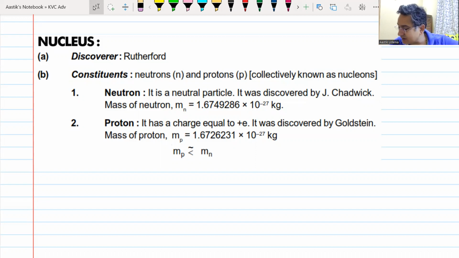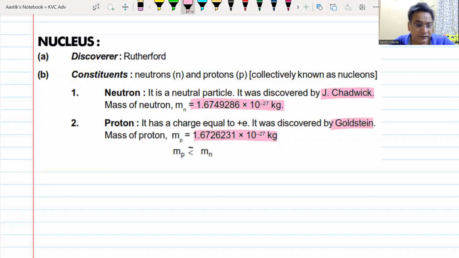This nucleus basically consists of two particles which were discovered by Chadwick and Goldstein. Chadwick discovered the neutron, a neutral particle that does not have a charge. Goldstein discovered the proton, with charge equal to the charge of an electron but positive, and their masses are almost the same.